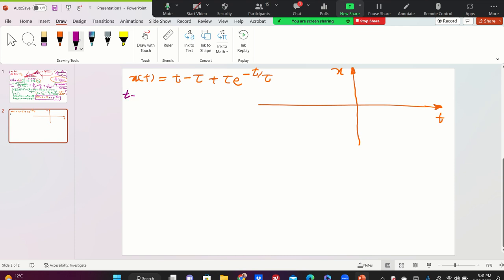At t equals 0, x of 0 is going to be, this is 1, so 0 minus tau plus tau, so it's going to be 0. Here we go. At t going to infinity, as we did in the previous cases, for a large number the exponential goes to 0. You're going to have t minus tau.